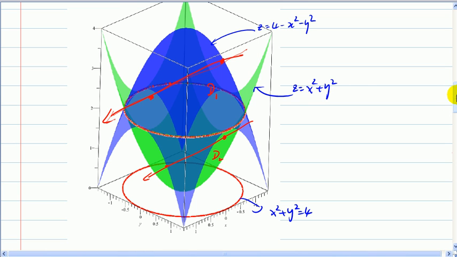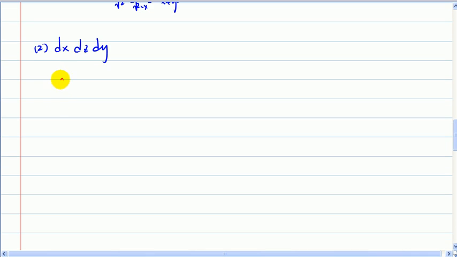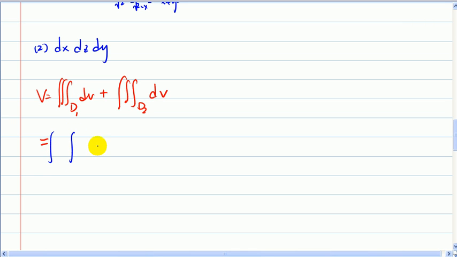So basically V is equal to the integral over D1 of dV plus the integral over D2 of dV. You're going to have two triple integrals, dx, dz, dy.